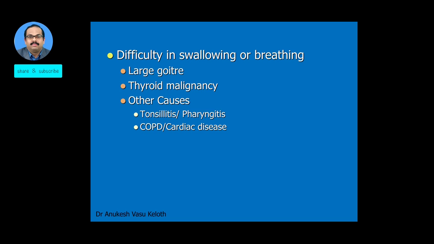Now, there are other causes, and a few common ones are sore throat, pharyngitis, tonsillitis. These are all associated with difficulty in swallowing. Then there are other conditions for difficulty in breathing. You can have a cardiac condition or a respiratory illness like chronic obstructive pulmonary disease or COPD. All of this can be responsible for difficulty in breathing.